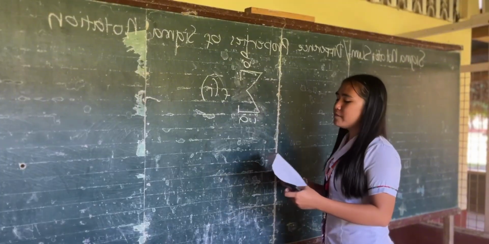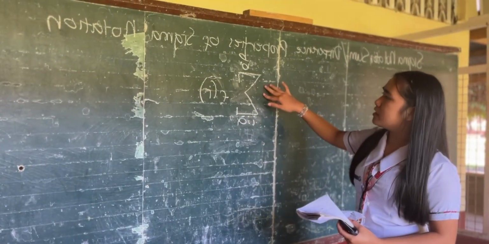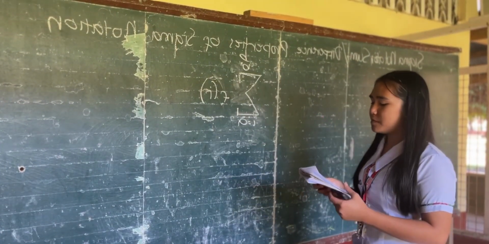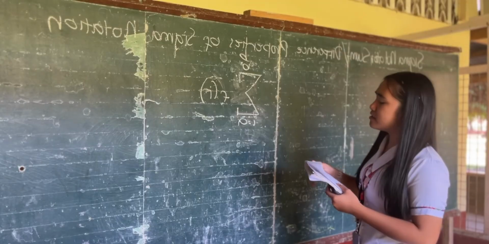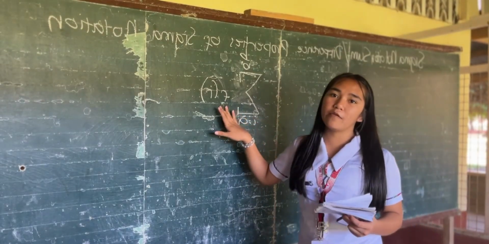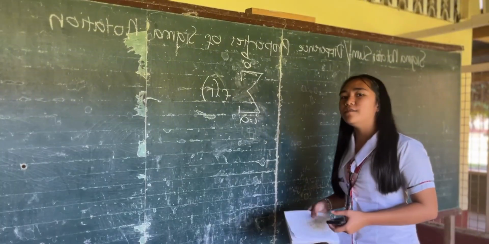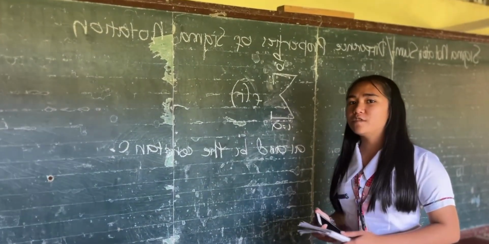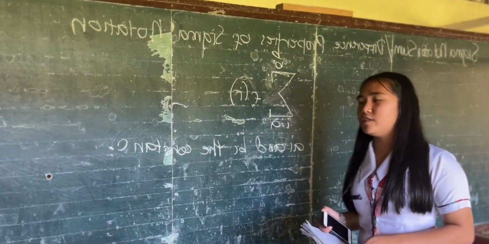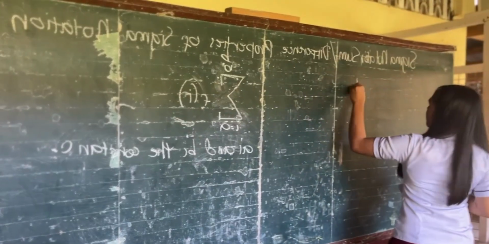The Greek letter capital sigma means sum. The index i is a dummy variable, meaning the summation variable. So there are three parts of the sum and difference properties of summation. First one is the sum property.